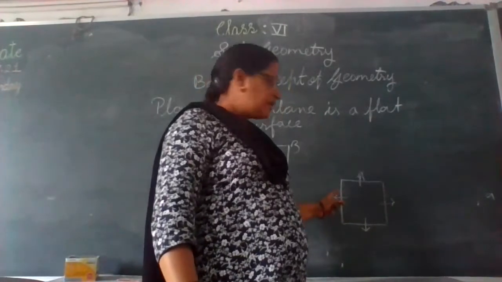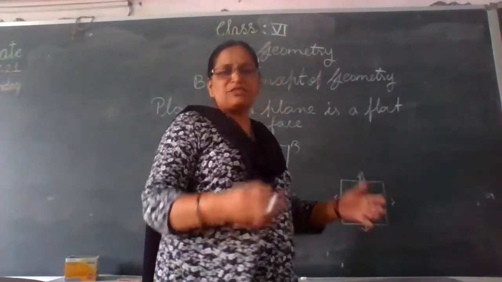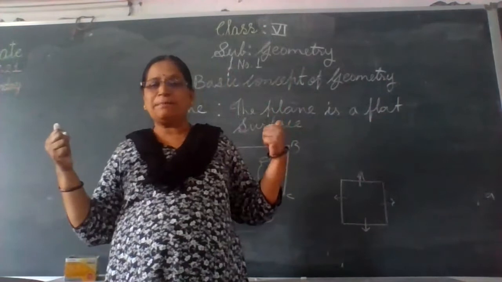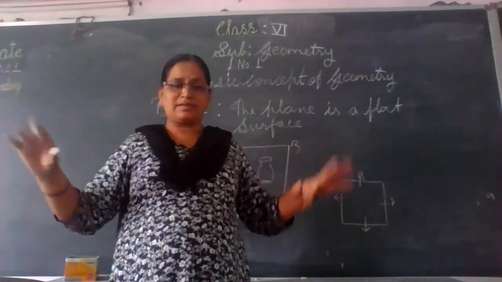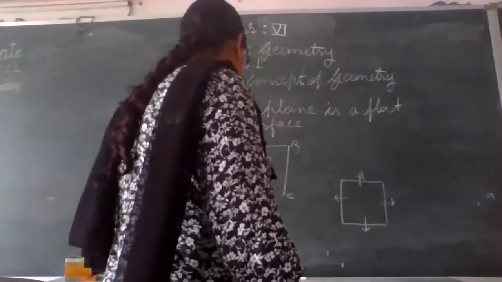These arrowheads are running outwards. That means what? You can extend the plane infinitely. We can extend the plane outwards. Got it, beta?